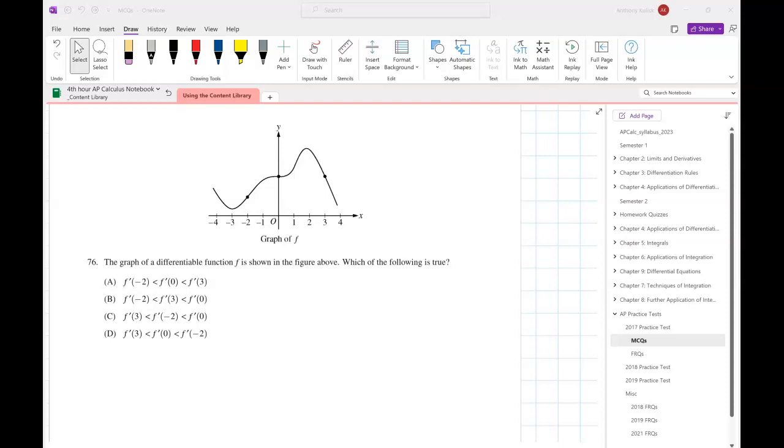76 is dog. 77 is boy. Wait, 76 was what? Dog and then boy.